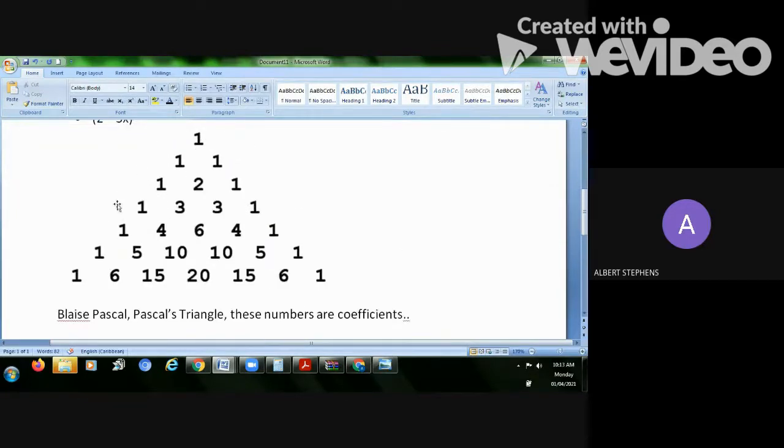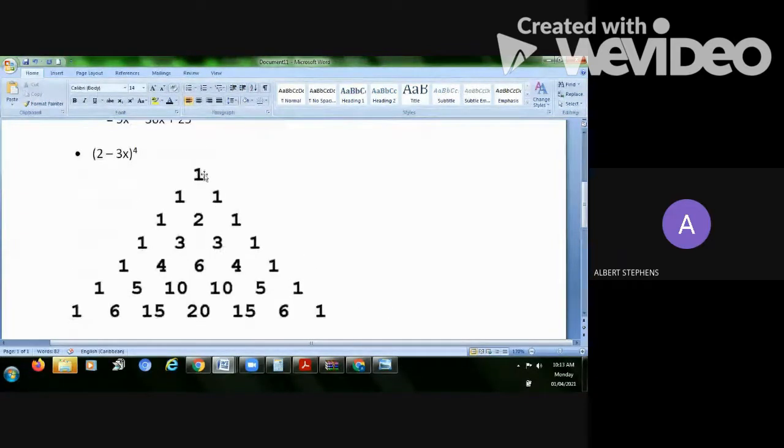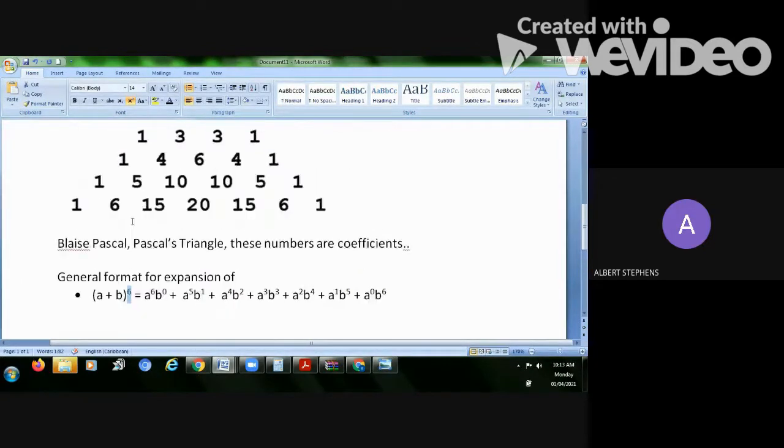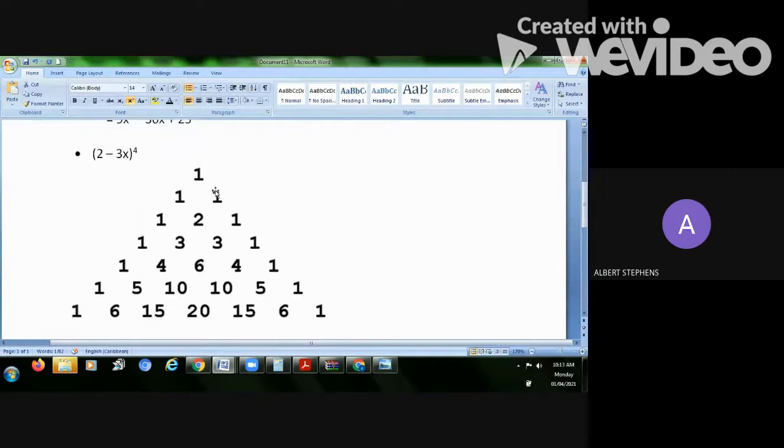Okay, I'm trying to get a highlighter here, but this is an image, so I can't really use it. Are you guys seeing my little cursor here? Yes, sir. Now, the power here is called n. When n is 0, you use the first line.